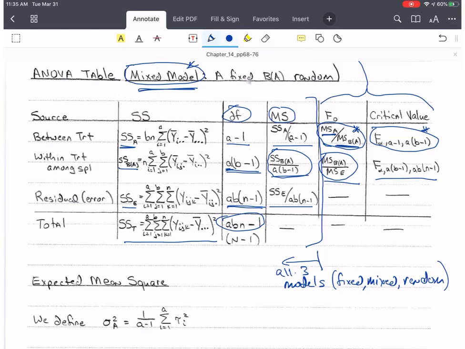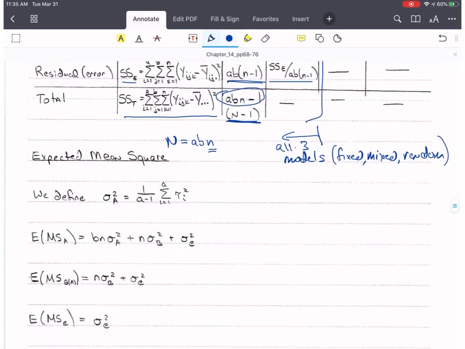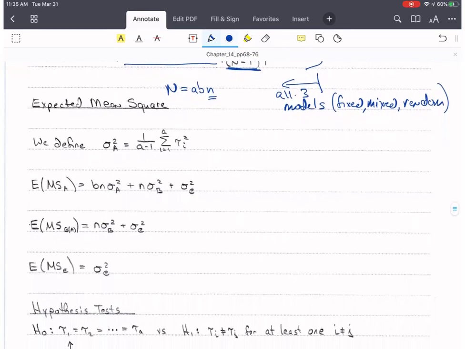So we need those to add up to capital N minus 1. Remember, capital N is equal to A times B times N for a balanced model. Otherwise, it becomes pretty messy for an unbalanced model. But it's still doable. It just takes some logical thought to get there.